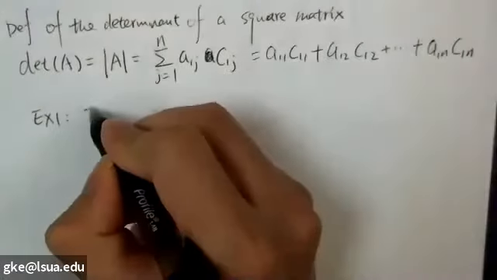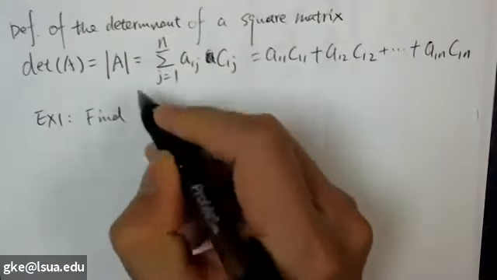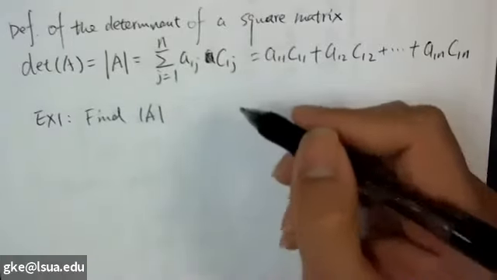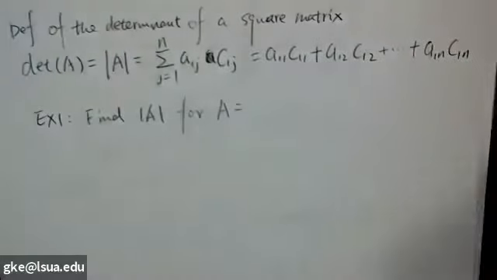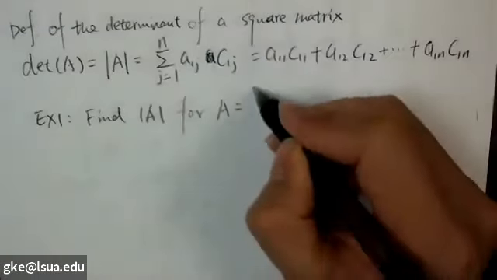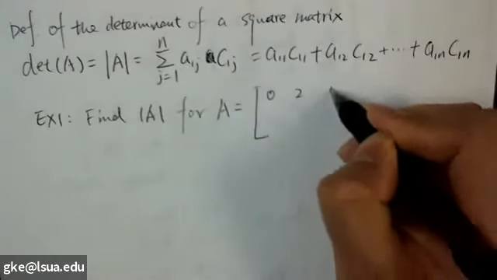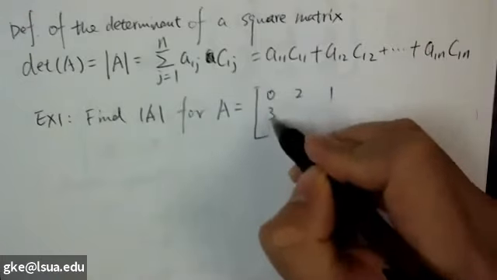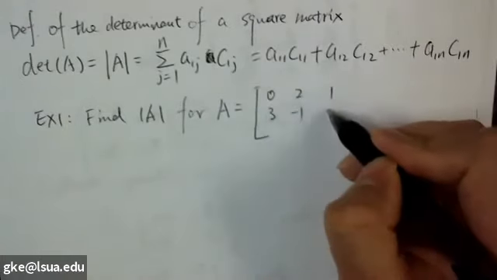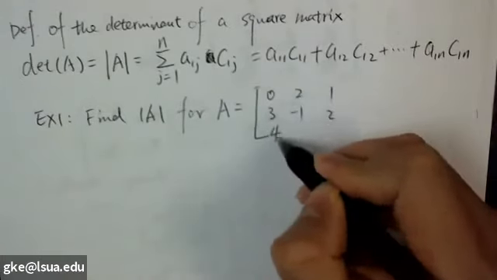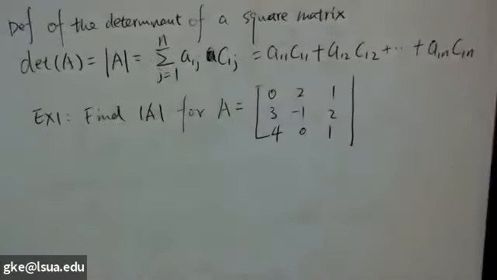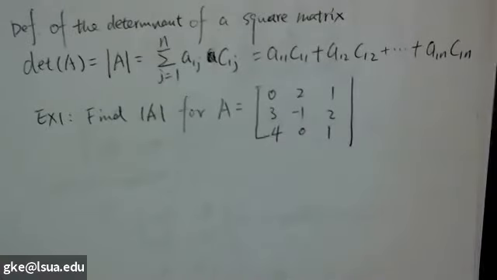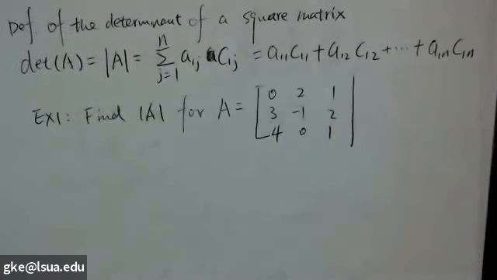Calculate, or find, the determinant for A equals the matrix with rows 0, 1, 2; 3, -1, 2; 4, 0, 1. Okay, how do we find the determinant of this matrix?